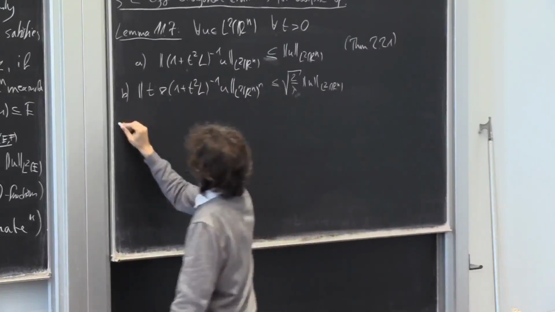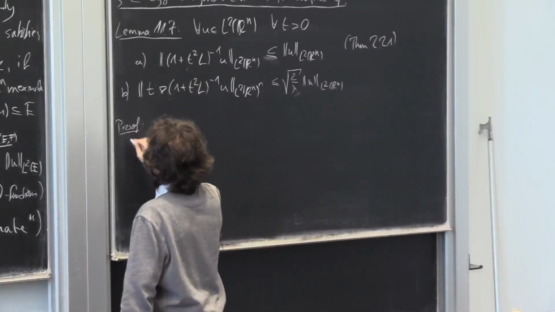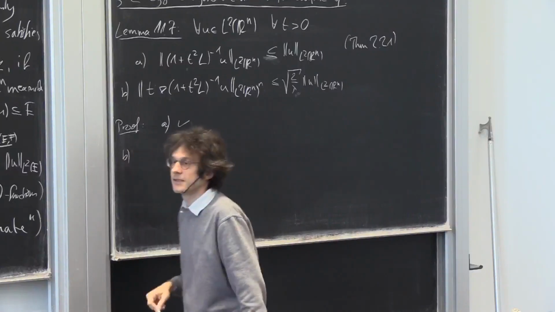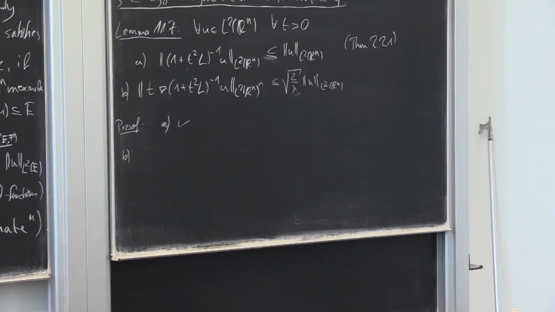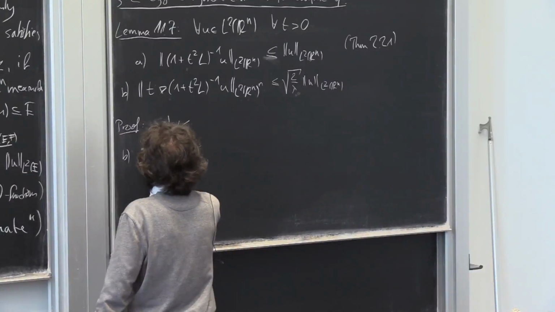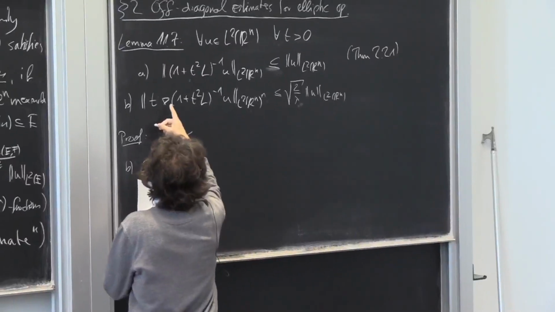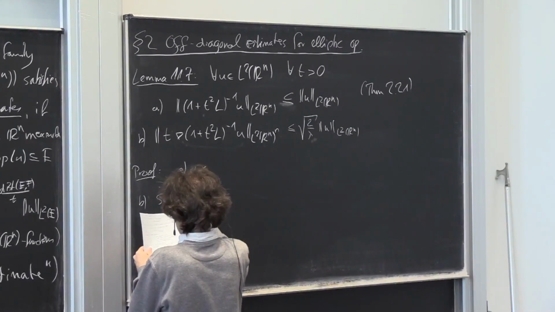Okay. So to prove this, as I already told you, A is done. So this is old stuff. Let's go to look at B. Okay, so what we are interested in is the gradient of this function here. Let's call this w.